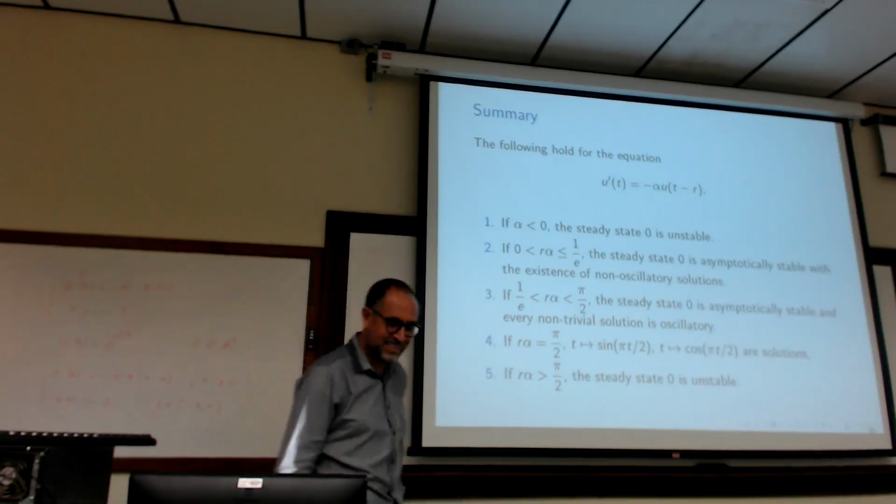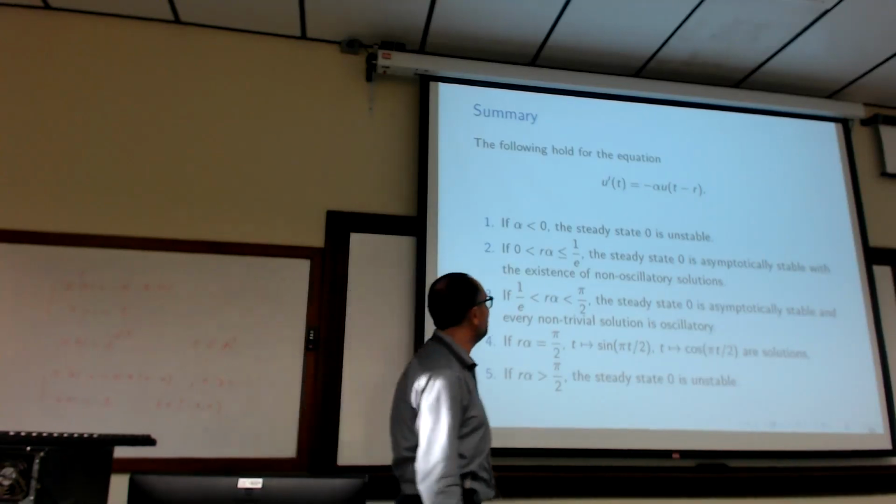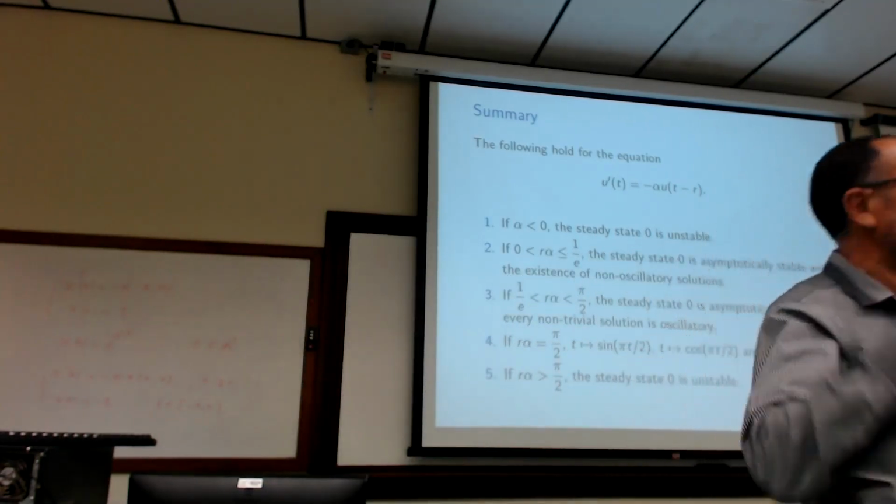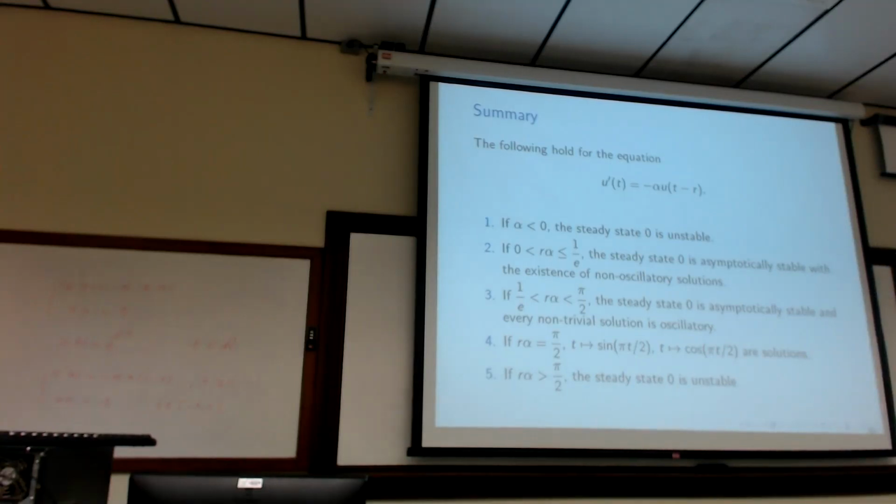This is to summarize. I come back to it all the time because it's important to have it in mind. In this equation, if alpha is negative, you have instability but not oscillations, no periodic solutions.